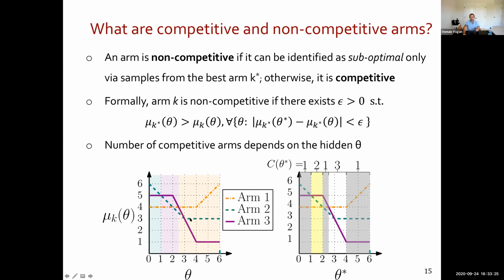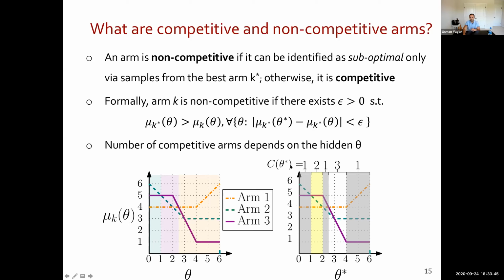So here we show an example with 3 arms with different mean reward mappings as a function of theta. Basically, there are different regions where one arm is optimal, and in this region maybe another arm is optimal, and so on and so forth. And the number of competitive arms also changes with theta.